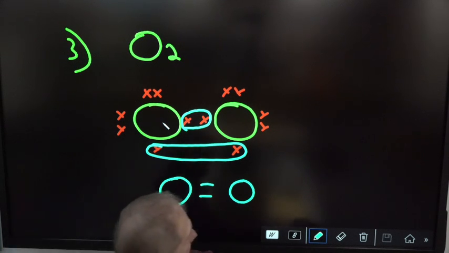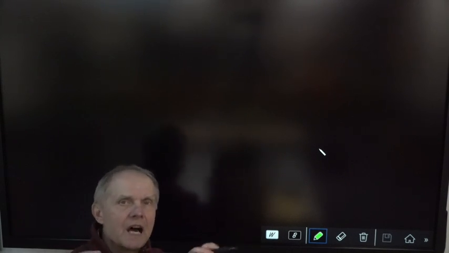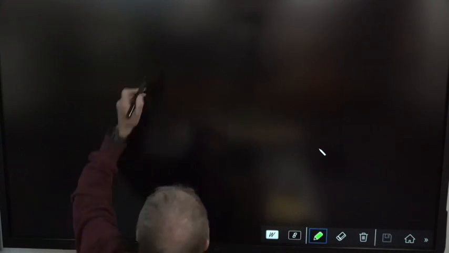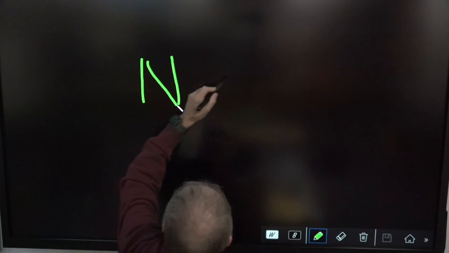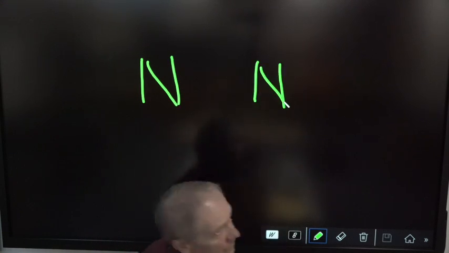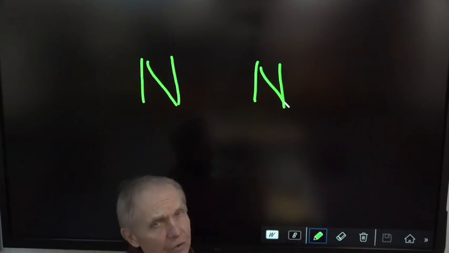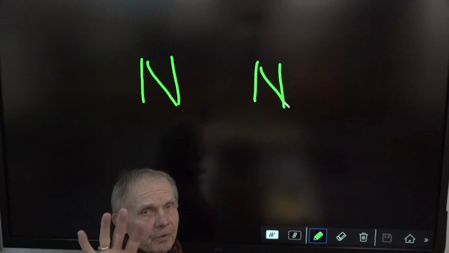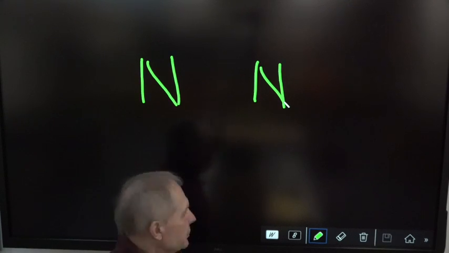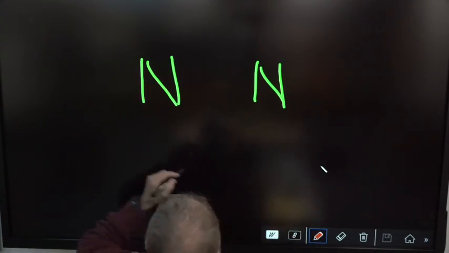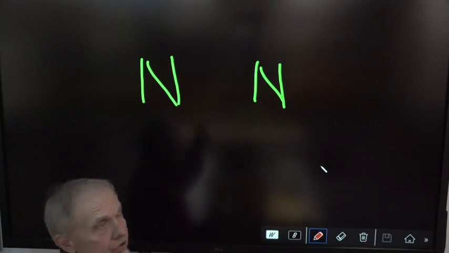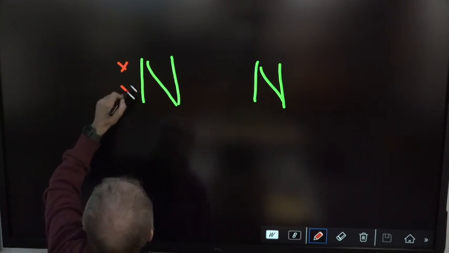Now let's go to some harder examples. But remember, all the examples I'm going to show you are going to be diatomic gases. You just have to line up the singles to match the other singles. So now watch this one. N and N. N2. 70% of the air we breathe is N2. All right, N is in group 15, 5 valence electrons, but remember, you got to match singles with singles. So you have a pair and 3 singles. Let's put the pair on the outside.